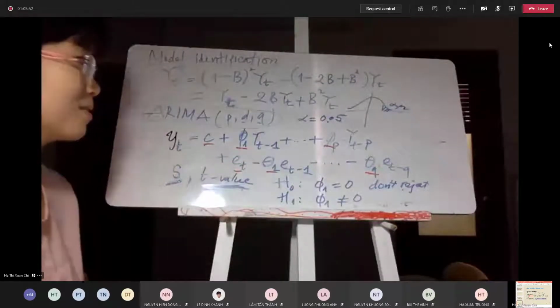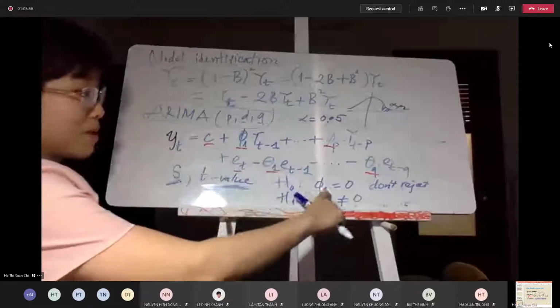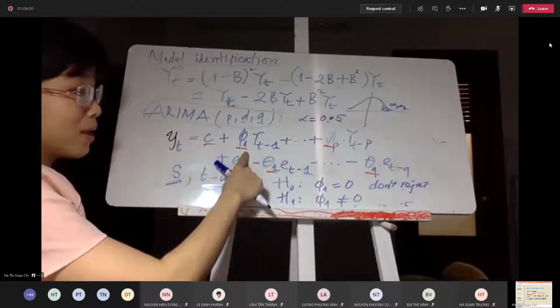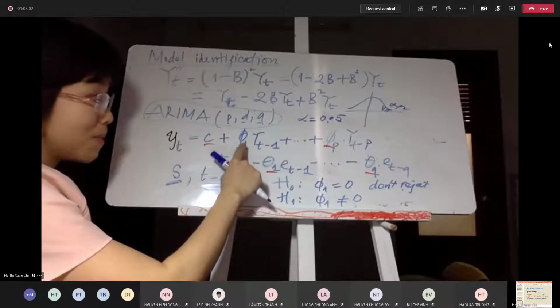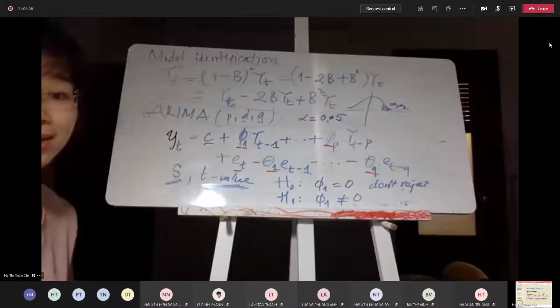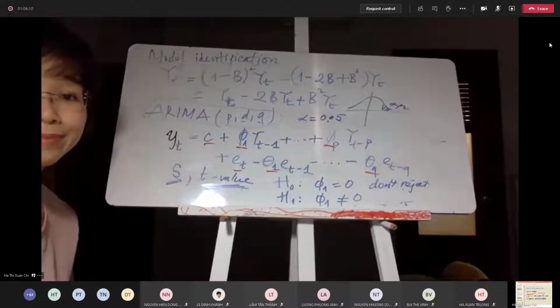Okay, so I left this for you. If it rejects that it equals 0, we keep that. If it does not reject, we drop that out of the model.